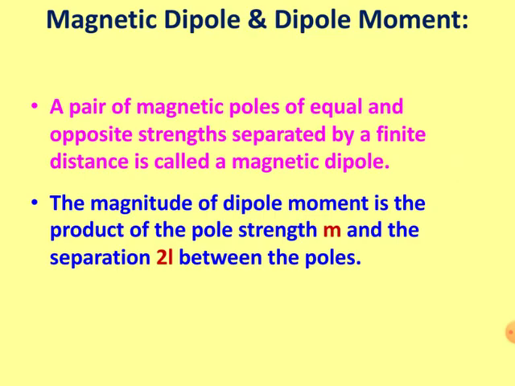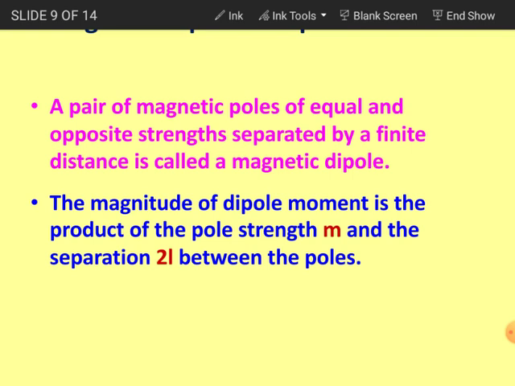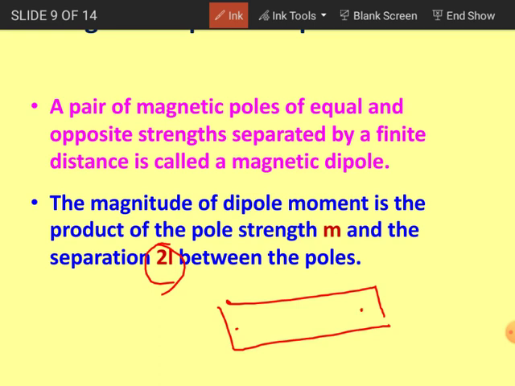Now, magnetic dipole and dipole moment. As I have already mentioned, in some textbooks, instead of taking the dipole length or magnetic length as 2L, it may be taken as L, but this is only a matter of symbolic notation. If you take the bar magnet here, the poles are here, one you may take as south and the other as north.